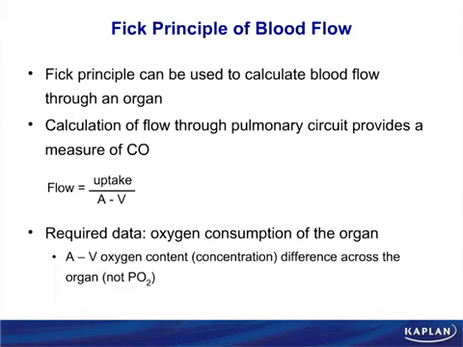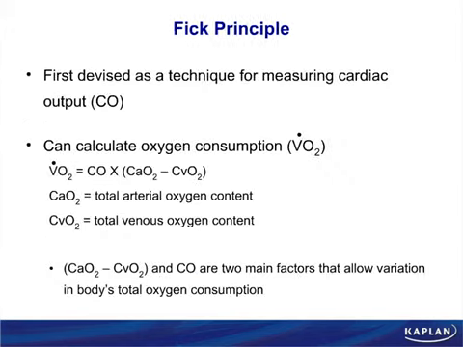And we can utilize this to determine blood flow across any organ bed. The Fick principle was originally devised as a way to measure cardiac output because we can determine a flow if I know an oxygen consumption and I know the AV-O2 difference. You can utilize the lungs and that determines cardiac output.